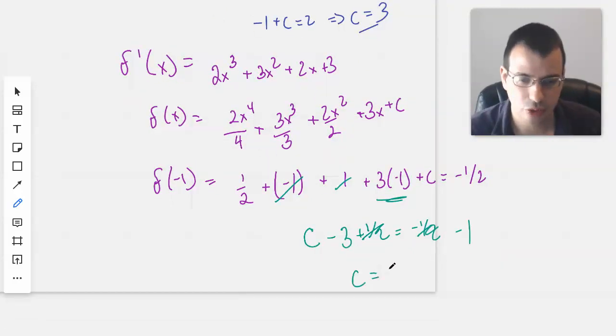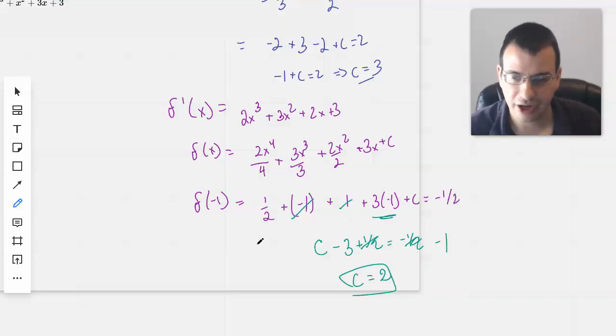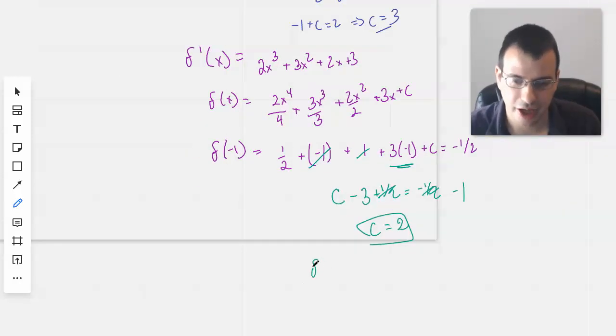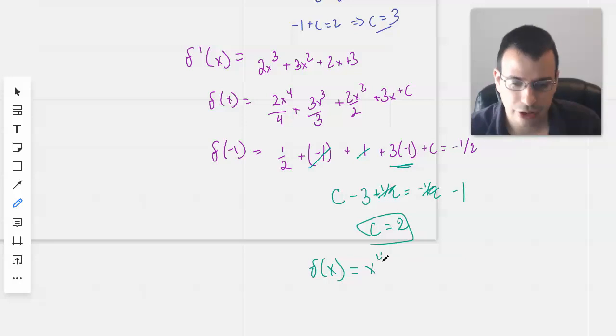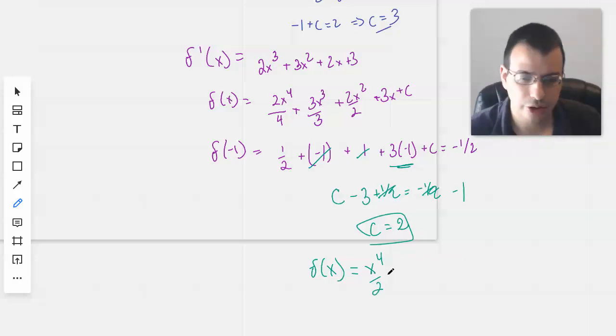So c equals 2 when we add 3. So our final answer, f of x, this has been more work than I expected, is x to the fourth over 2, 2 over 4, plus x cubed plus x squared plus 3x plus 2.